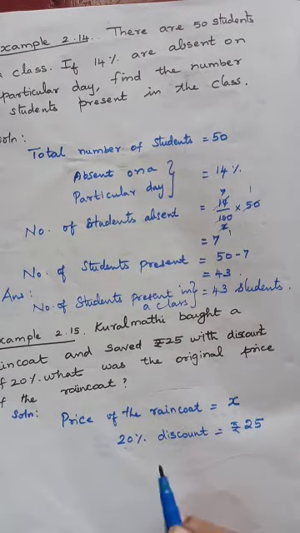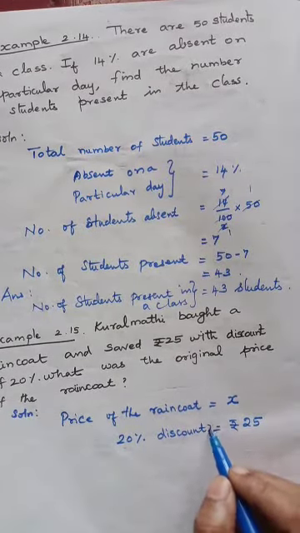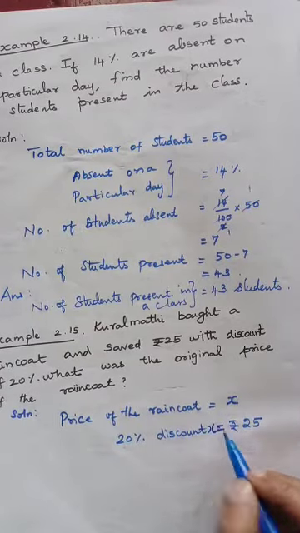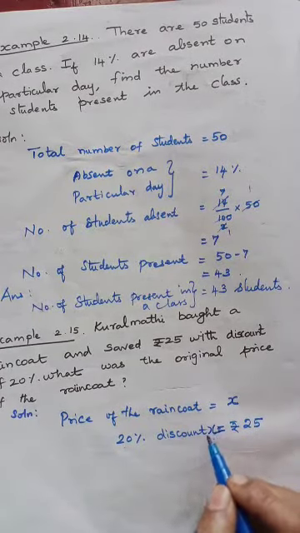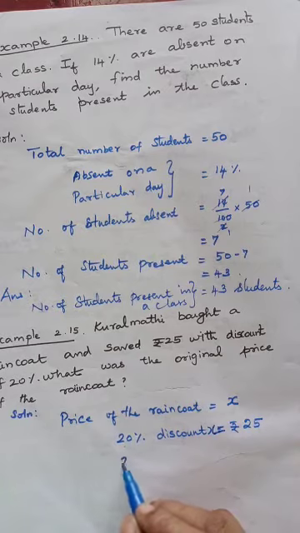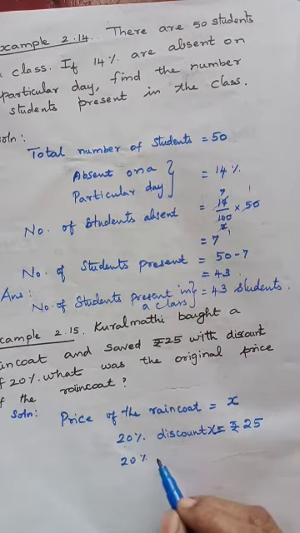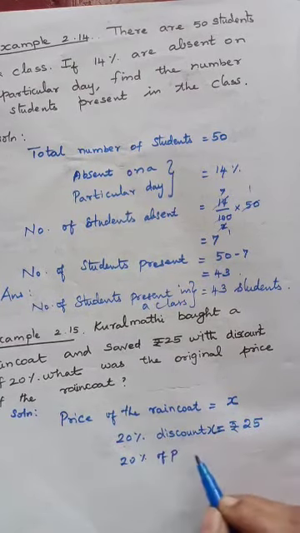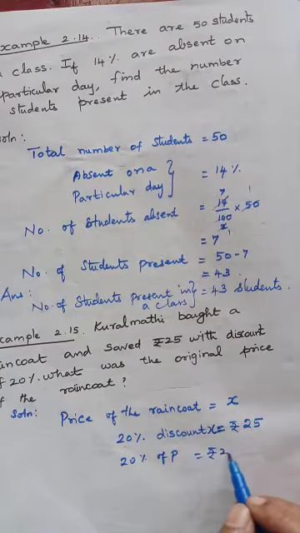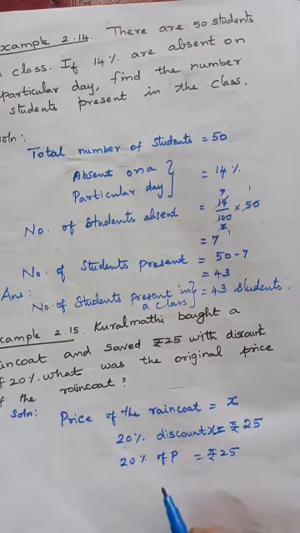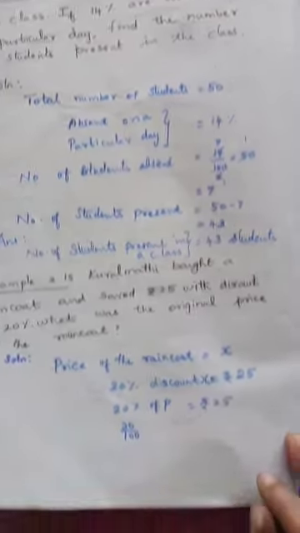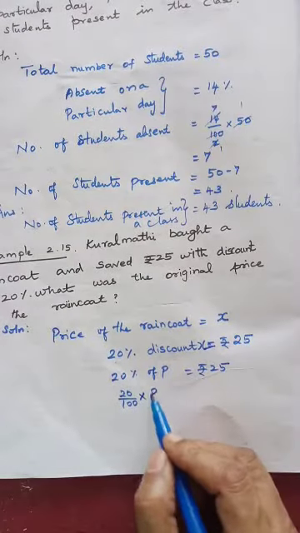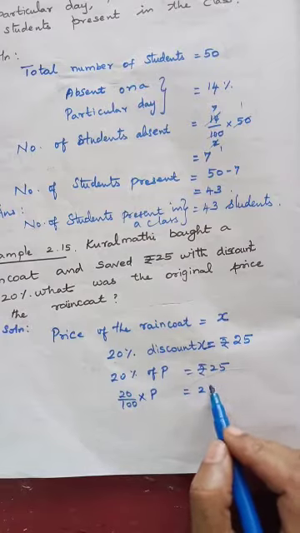So 20% discount on x, 20% of P is equal to rupees 25. So we shall write this as 20 by 100 into P is equal to 25.